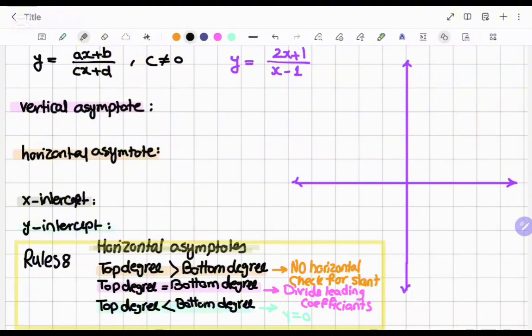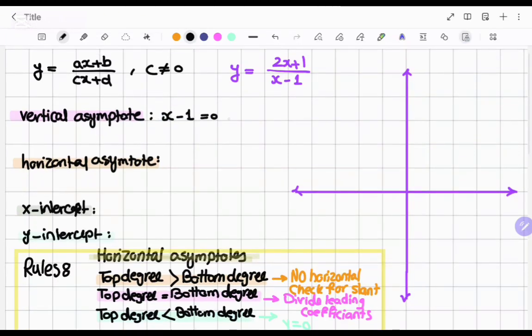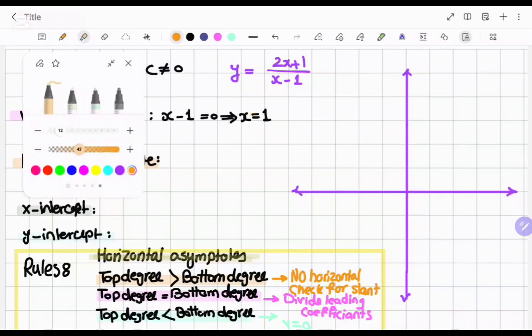So whatever is in the denominator, which is x minus 1 here, is equal to 0, then x is going to be 1. This is going to be your vertical asymptote. The vertical line that the graph is never going to go through is called your vertical asymptote.